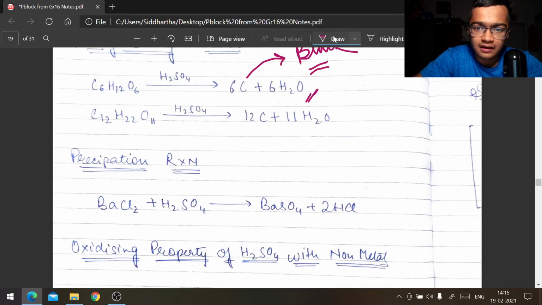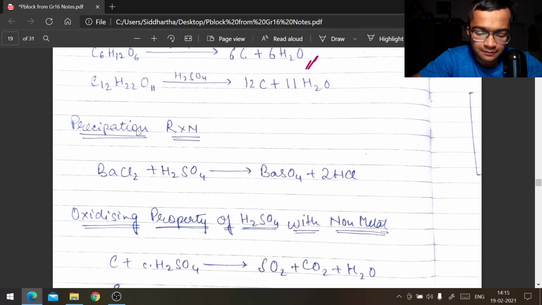Okay, black carbon is being left behind. That means it is dehydrating, it is removing the water molecules. The water is coming out completely. See, 12 carbon is left.